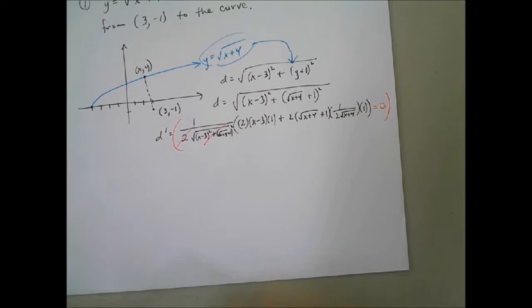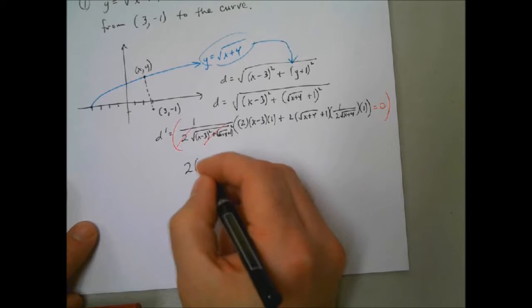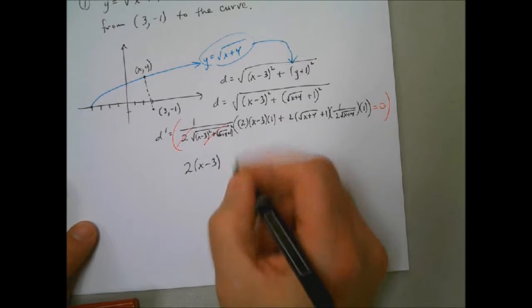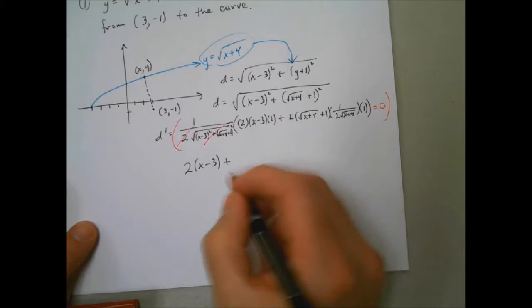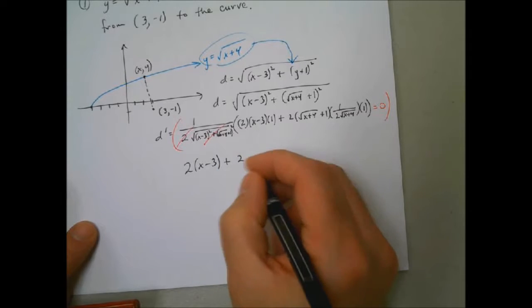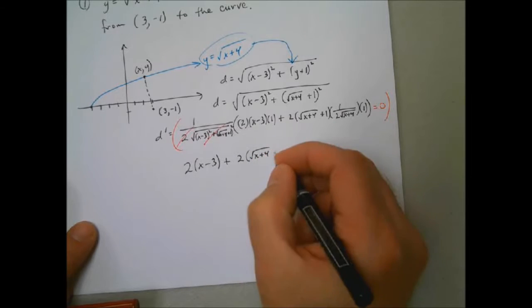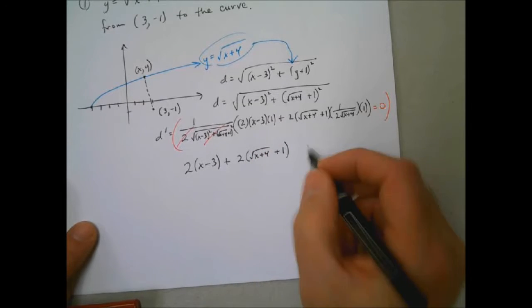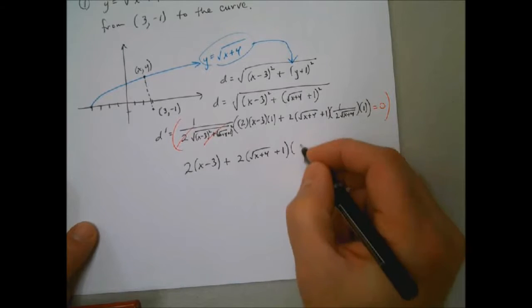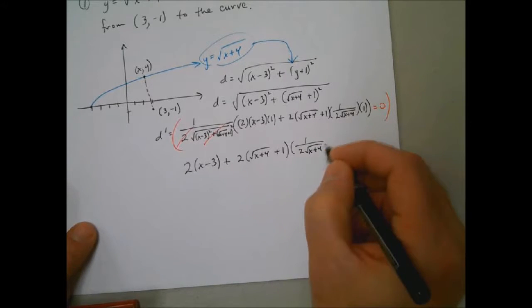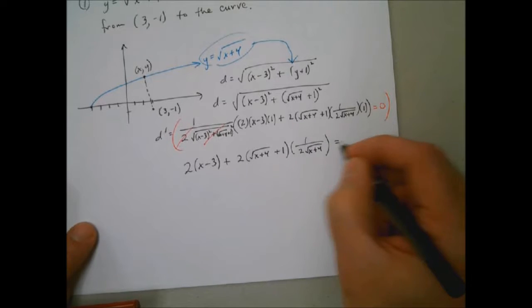And I'm left with 2 times x minus 3 plus 2 times root x plus 4 plus 1 times 1 over 2 root x plus 4 equals 0.